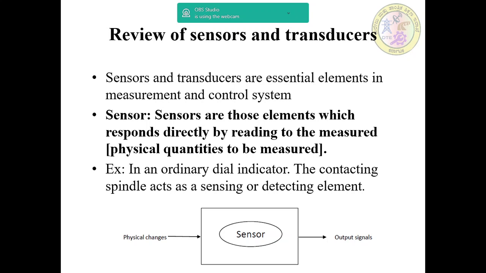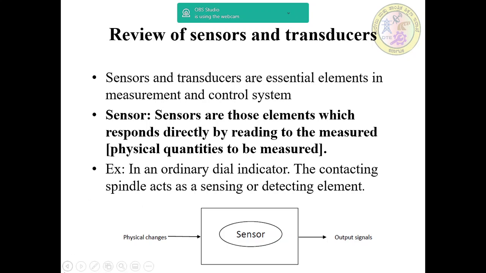Sensors are those elements which respond directly by reading to the measurand. Measurand is nothing but the physical quantity to be measured. For example, in an ordinary dial indicator, the contacting spindle acts as a sensing or detecting element. This is the sketch of a sensor.